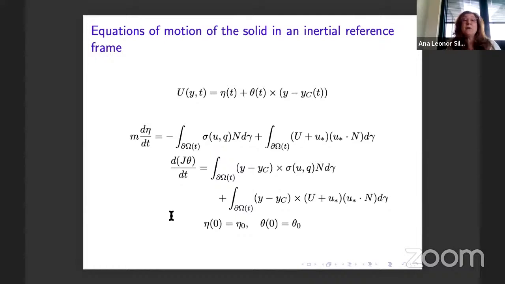Okay, so now the equations of motion of the solid. Again, in this inertial frame, I am recalling here the equations of motion of the solid, and now we have to take into account for the motion of the solid that there is the interaction of the solid with the liquid, and there is some force that is exerted by the liquid on the surface of the rigid body.